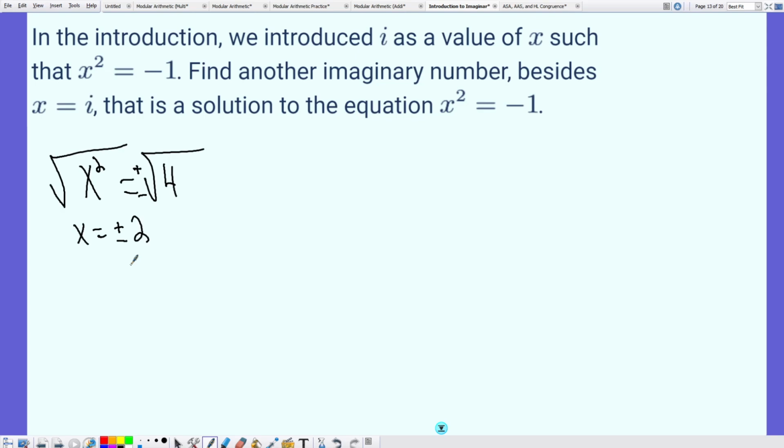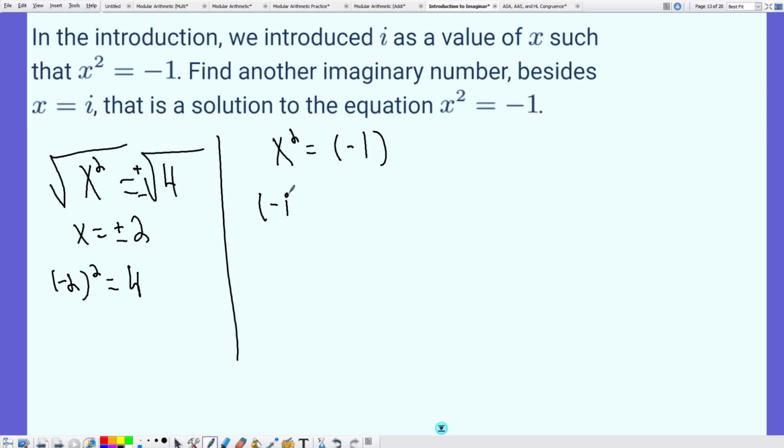Now, with this similar logic, negative 2 squared is equal to positive 4. If I'm looking for solutions to x squared is equal to negative 1, then let's try plugging in, well, if negative 2 works, how about we try negative i squared?